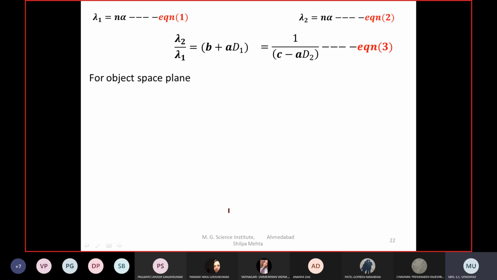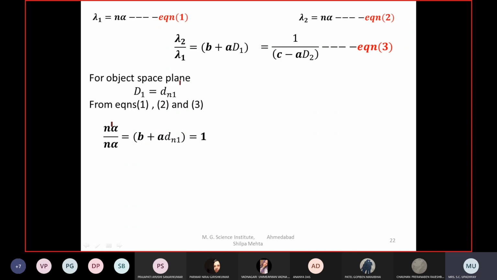First we concentrate on the object space plane. Suppose we have d1 equal to dn1. So when the object distance to the nodal plane in object space is dn1, then we can say that n alpha upon n alpha, that is lambda 2 upon lambda 1 for the corresponding points n1 and n2, is equal to b plus a dn1, which is equal to 1.